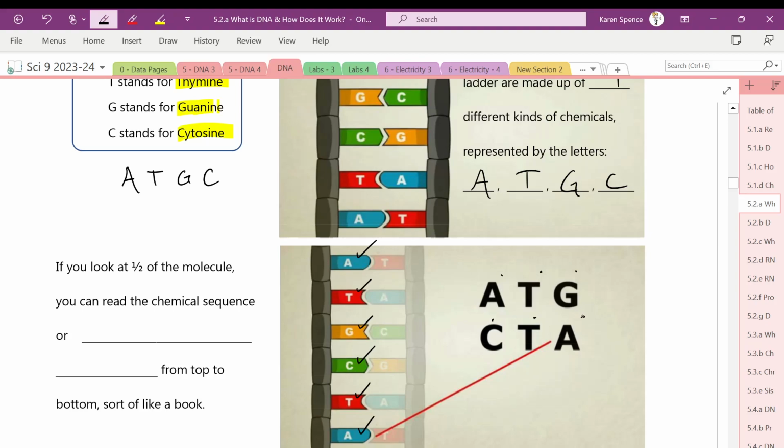And that code is going to tell us which amino acids to put in the string. Okay? So what will happen is you can read the chemical sequence or genetic code from top to bottom. Sort of like a book.